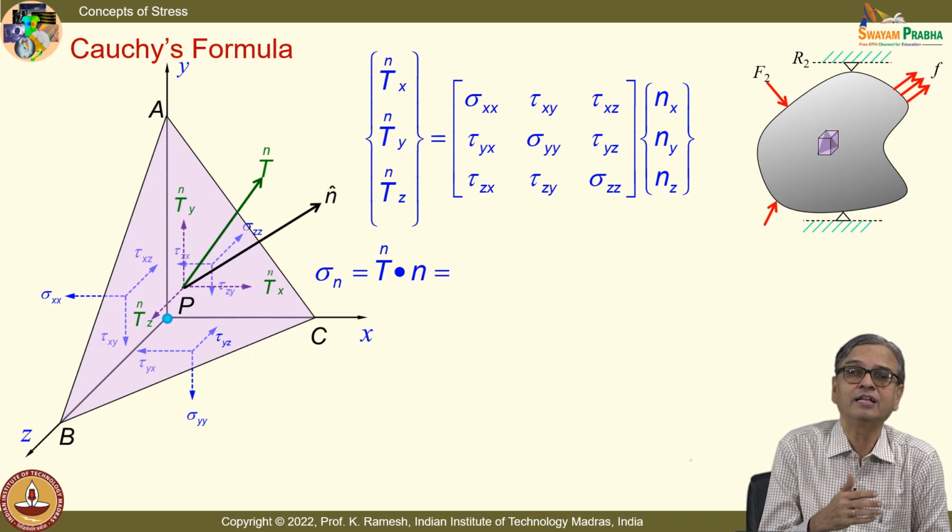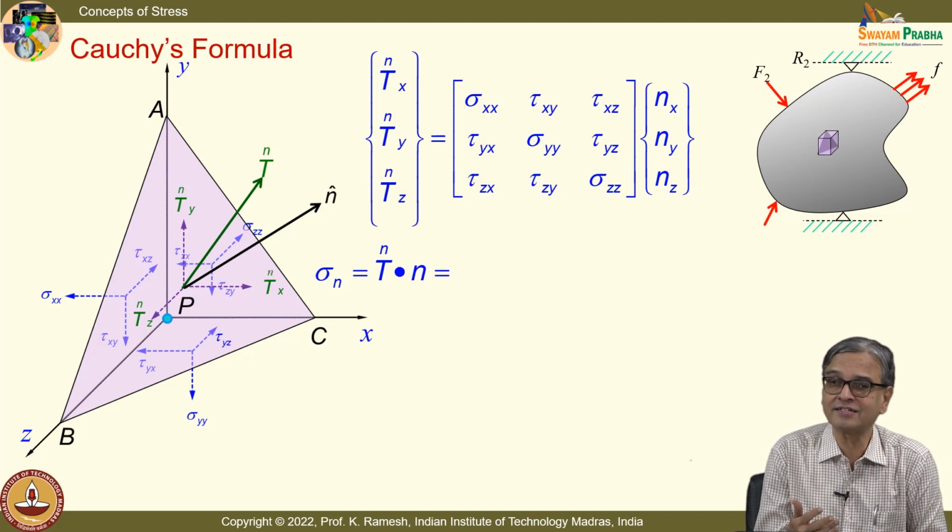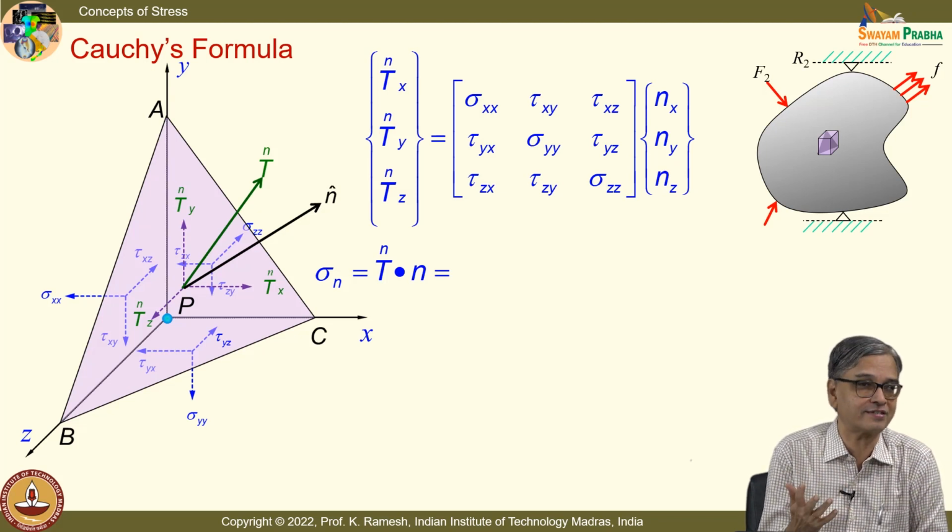Because later on, when you look at theories of failure, some theories use the normal stress as a criterion to judge. Theories related to ductile materials want to find out the shear stress. So, we need to know how to find out these quantities.